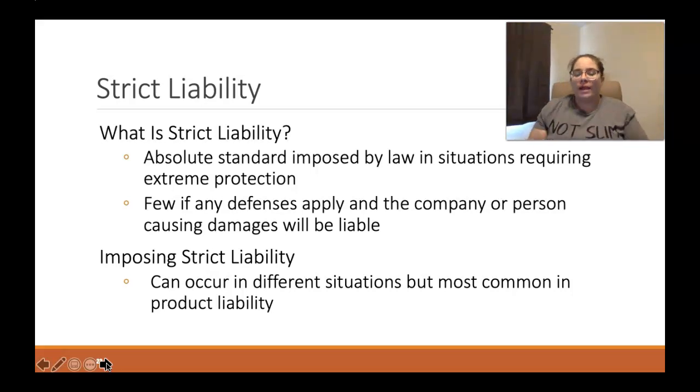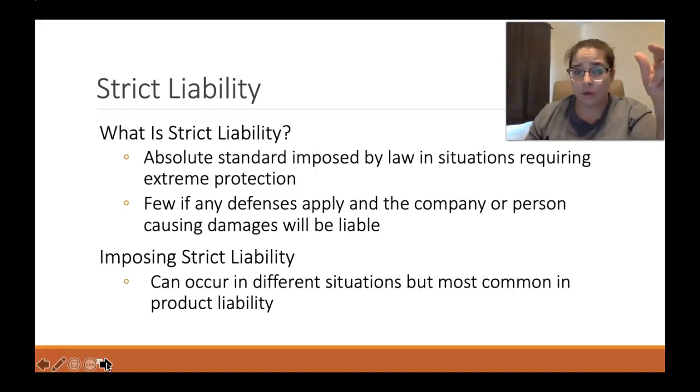A great situation for you to think about when we think about strict liability is the use of explosives, demolition, mining using explosives. We know that explosives are inherently dangerous, and we know that sometimes you can't predict what they're going to do, right? Things can go wrong a whole bunch of different ways when you're using explosives.